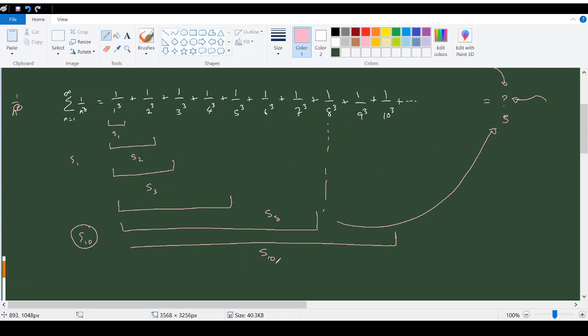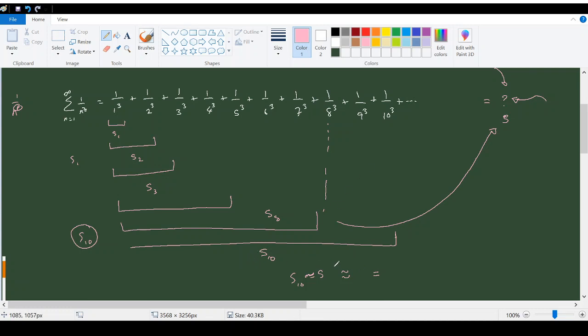But still it will have a certain error because it is not exactly equal to S. It is approximately equal. When it is equal, we write two straight lines, but when it is an approximate figure, you write it with some curly lines.